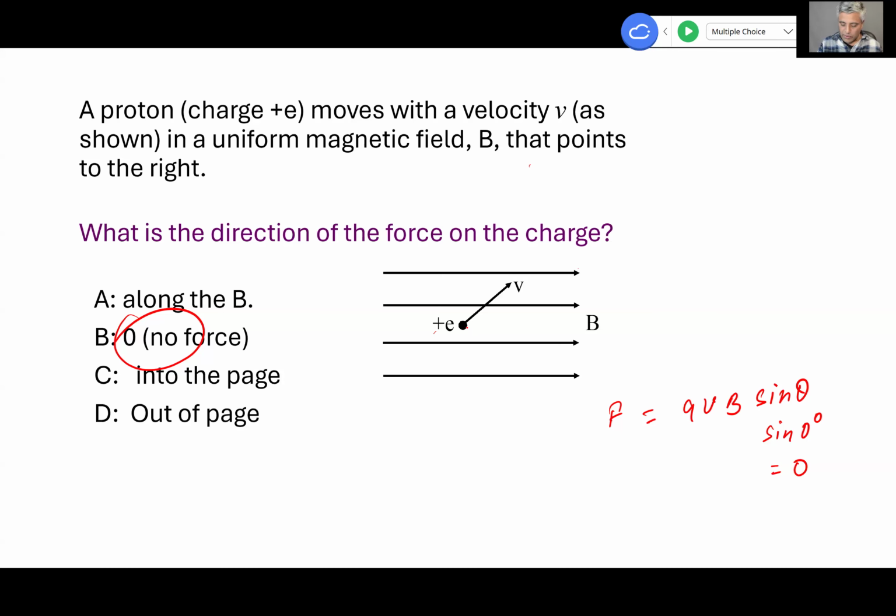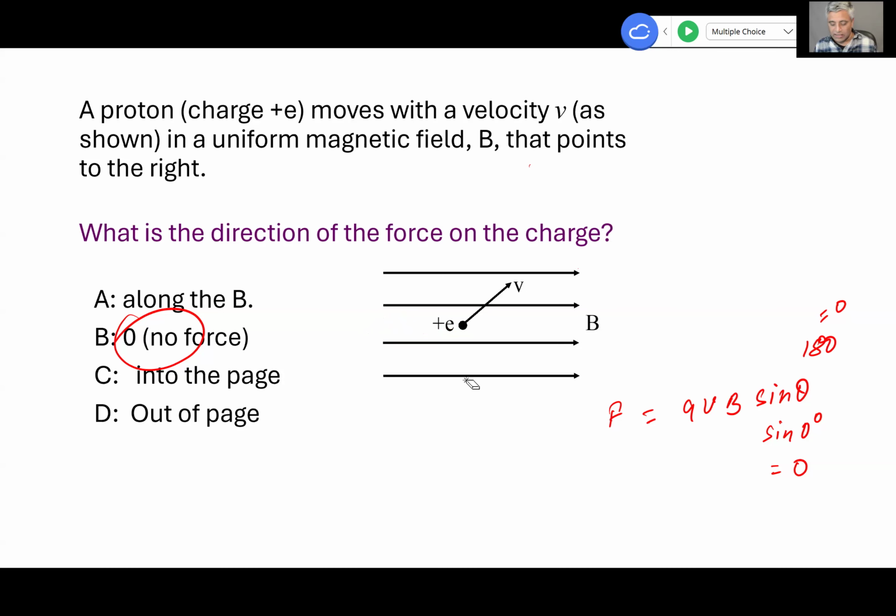That means when B and V are the same or opposite, meaning 180, sine 180 is also 0. So if V is in the direction of B or exactly opposite, that means V and B are parallel, then in that case force is going to be 0. The charge does not experience force, but any other angle is going to experience force, okay?